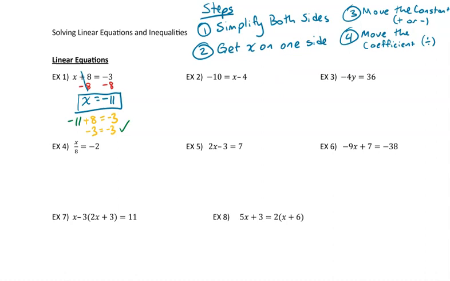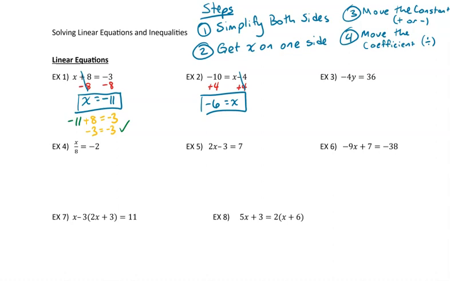So if we want to get rid of this minus 4, then the opposite of minus is plus. So we're going to add 4 to both sides. Negative 10 plus 4 is negative 6, equals, x comes down, and negative 4 plus 4 cancels out. So we got negative 6 as our answer.